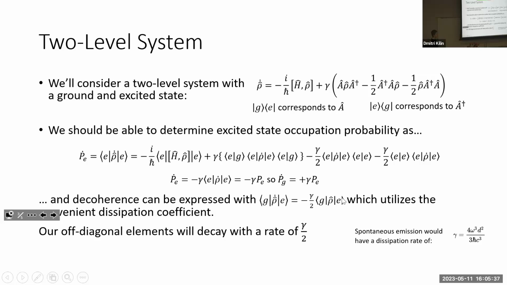It utilizes our gamma, which is our dissipation coefficient. So for populations, you apply bra and ket with coinciding indices. And for decoherence, you apply bra and ket with different indices. Okay. That's just going to be the rate of decay, gamma, in the case of spontaneous emission, that small term over here.